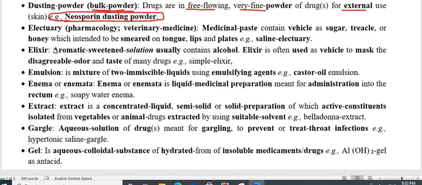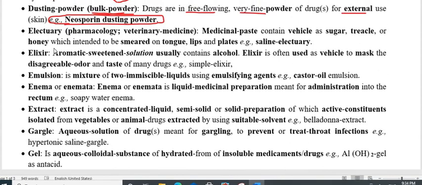Now we have to go through another dosage form, electuary. What is electuary?